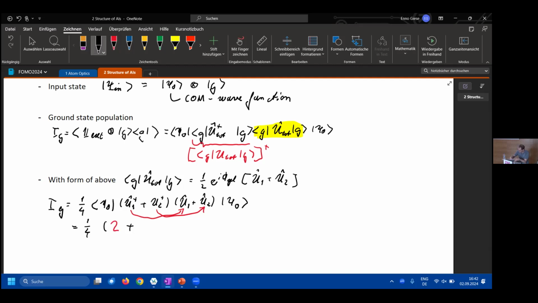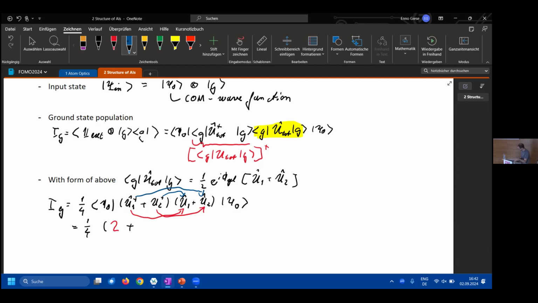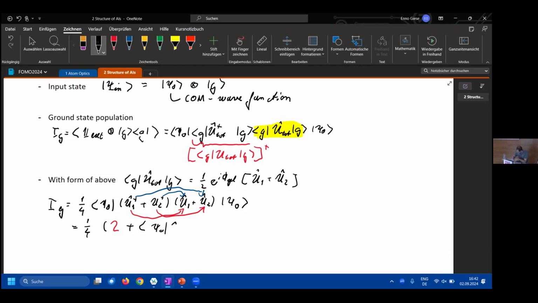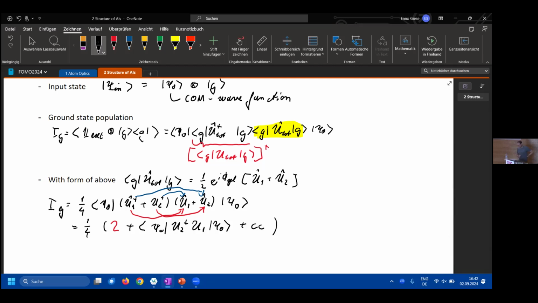Plus, now we have this guy acting on this guy and this guy acting on this guy. They are different operators. So what we observe here, in fact, is the expectation value of psi naught times U2 dagger times U1 times psi naught plus its complex conjugate. It's just a C number right now because we're talking about an observable.